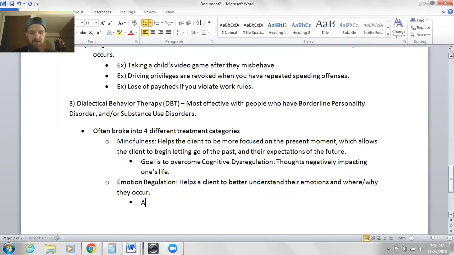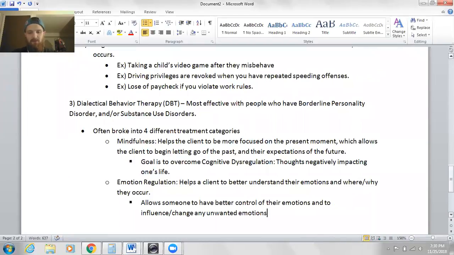So this allows someone to have better control of their emotions and to influence or change any unwanted emotions to help reduce amplified expression.